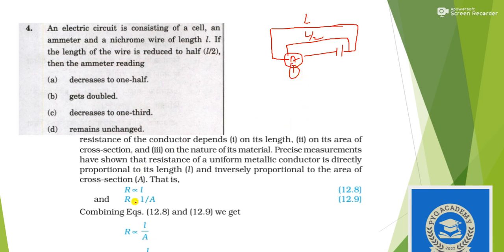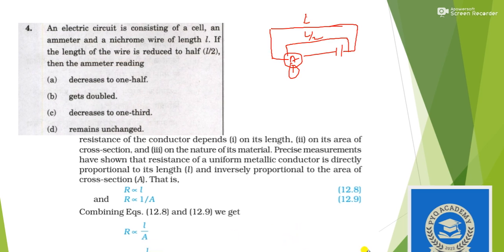We know that the resistance R equals rho times L by A. So L is the length, which is directly proportional to the resistance. If we decrease the length, it is definitely going to decrease the resistance.